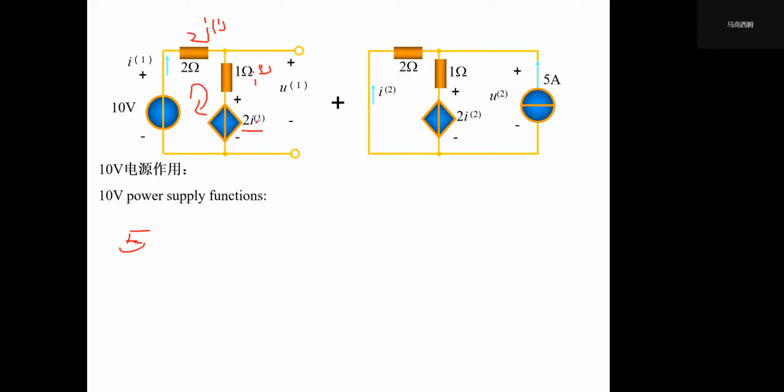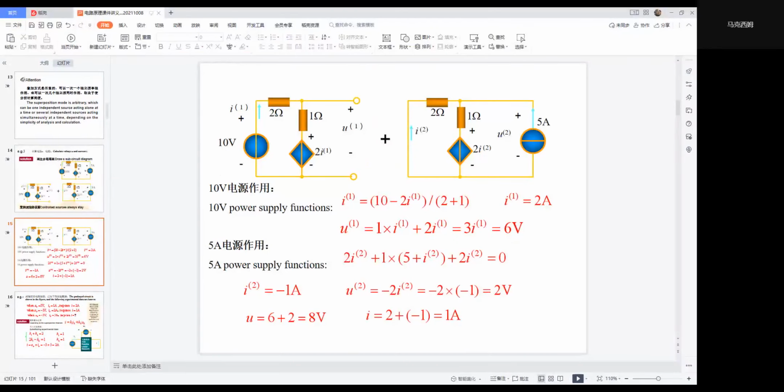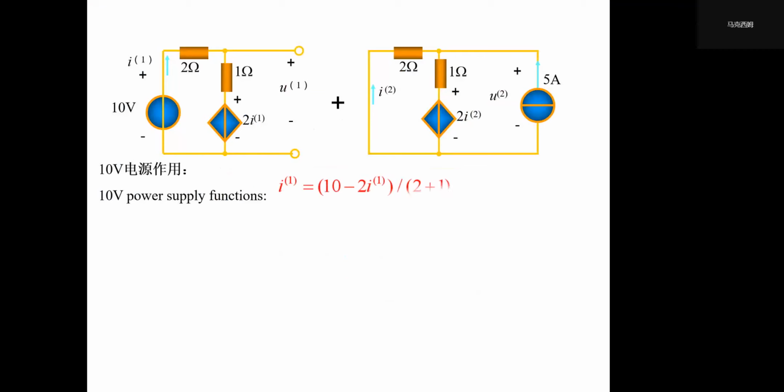But we see that those two are in different positions. This one is in the opposite direction to the reference direction. So let's see. I1 equals 10 minus 2I1, divided by 2 plus 1.